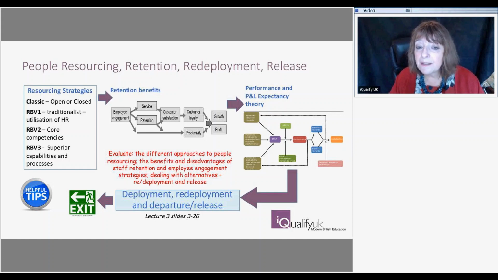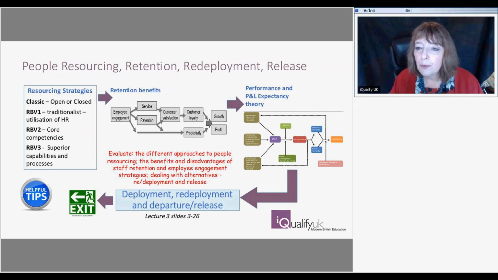And so that led us on, you can't read it very clearly here, but you may well recall that we looked at the whole issue about performance and expectancy theory. And this was Porter and Lawler.